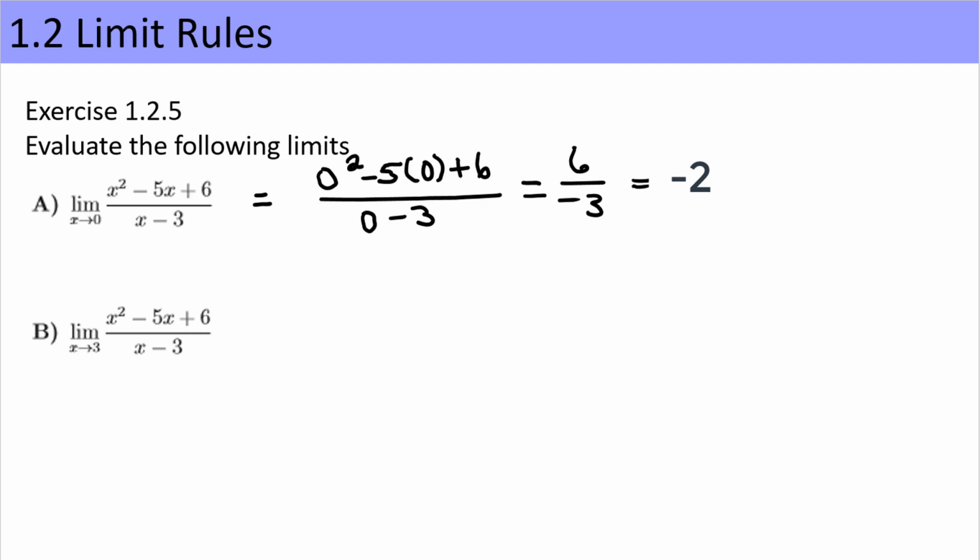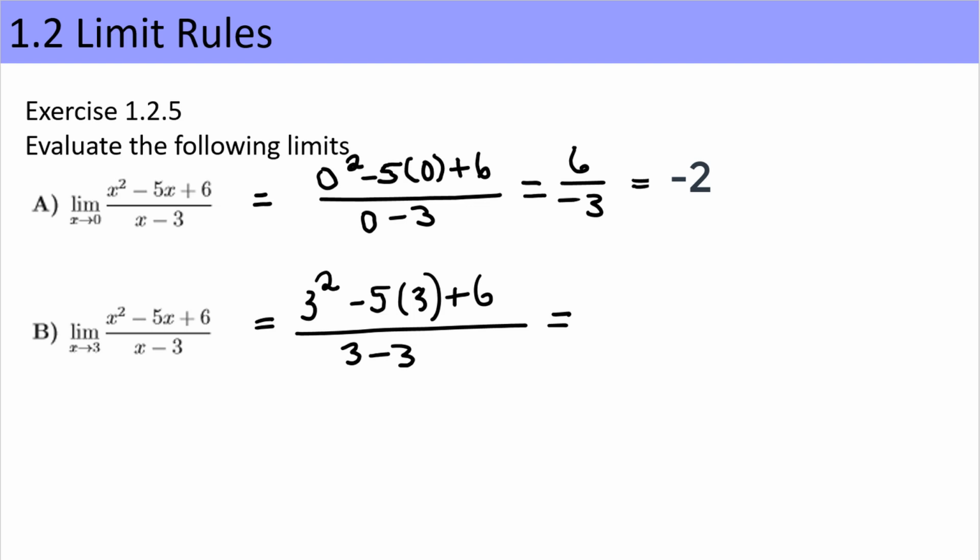Let's do part B. I bet this one's not going to be as easy. The limit as x approaches 3 of x squared minus 5x plus 6 divided by the quantity x minus 3. Let's begin by plugging in. We get 3 squared minus 5 times 3 plus 6 divided by 3 minus 3.